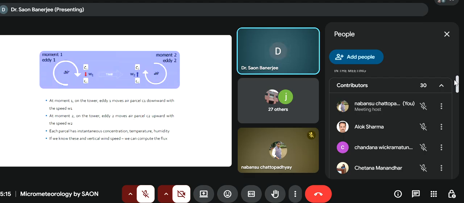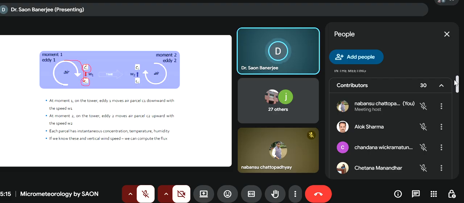Now, if that air is coming from upward to downward, for example, here we can measure the concentration of, say, carbon dioxide, and here also we can measure carbon dioxide.